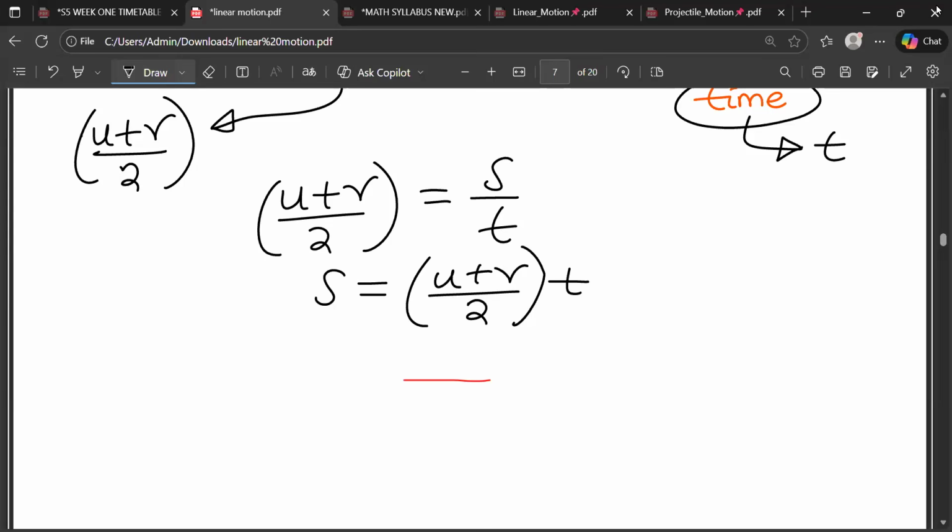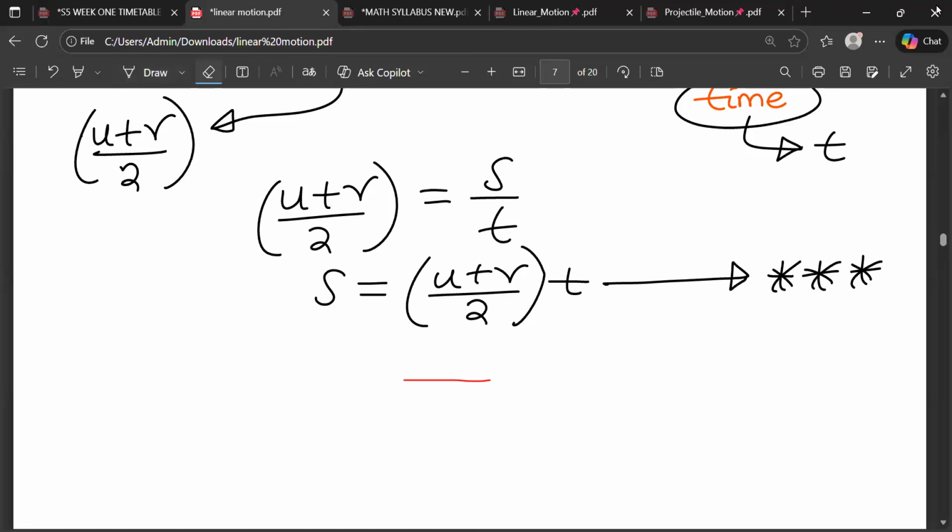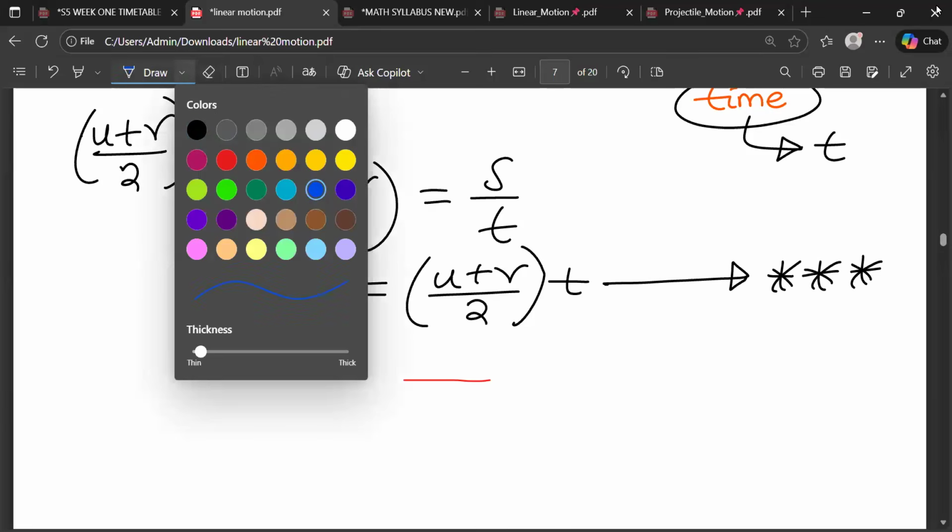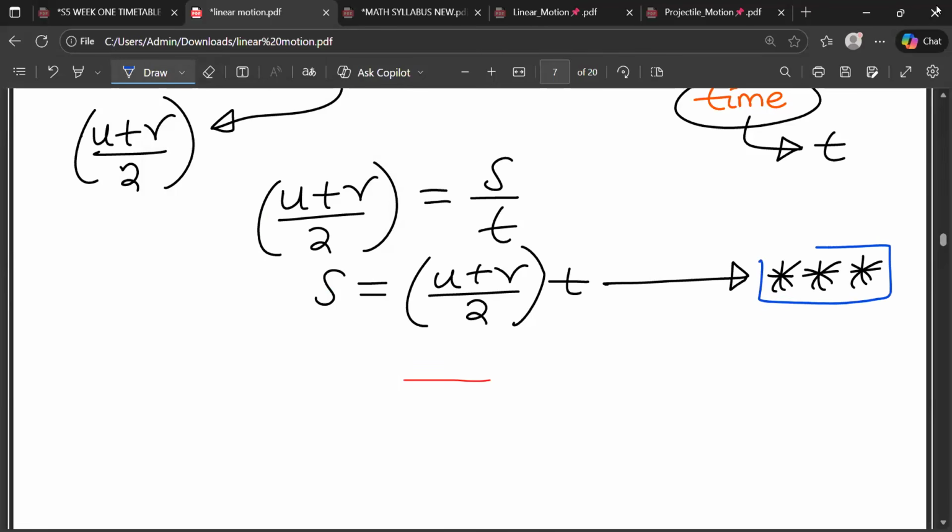So after putting a t there, I'm going to give this equation a name. I'm going to give it 3 stars. Why? I'm going to use these 3 stars somewhere. Or you can just give it 1 star or 2 stars, whatever you want.